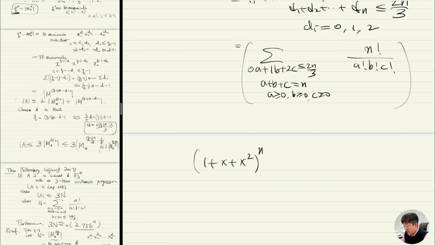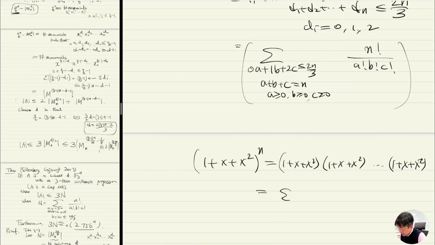This is the same as 1 plus x plus x squared, times 1 plus x plus x squared, times 1 plus x plus x squared, and so on. Now look at the coefficients of x to the i. If I expand it, it's a sum of something times x to the i, where i is from 0 to something.